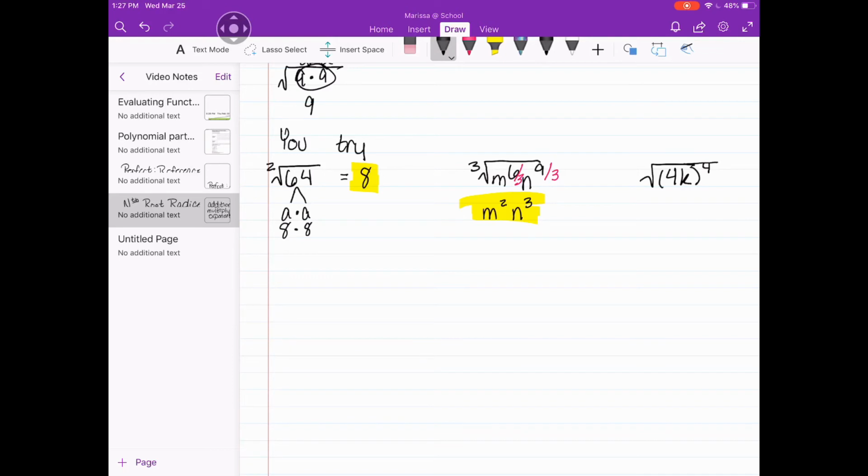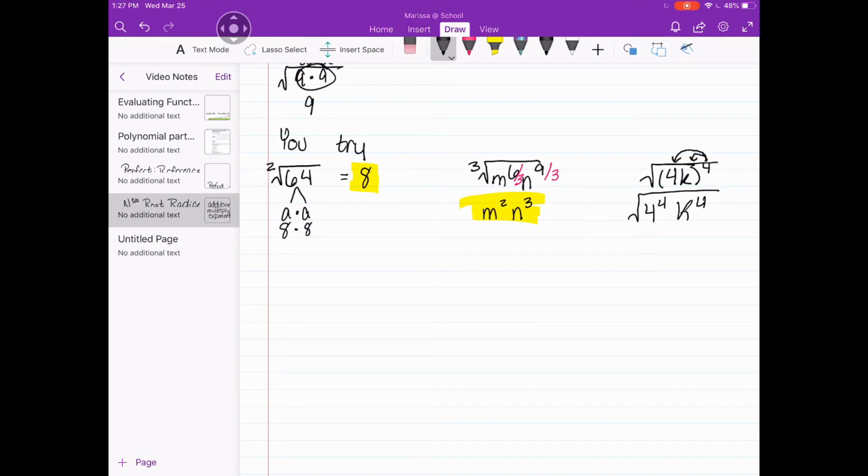The third one, there's 2 different ways you can go about this, as well as the 2 different ways that I've already given you. So we know from the previous chapter that I can distribute in my 4. So that means that I would have 4 to the 4th power, k to the 4th power. And I'm still taking the square root of that. So when I'm doing this, I would then be able to do 2 things.